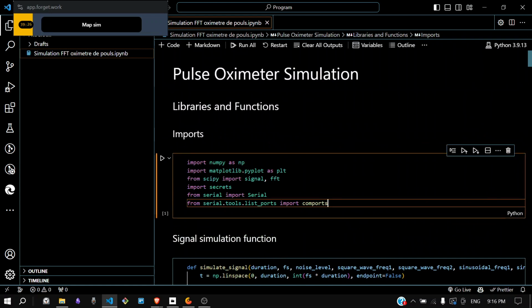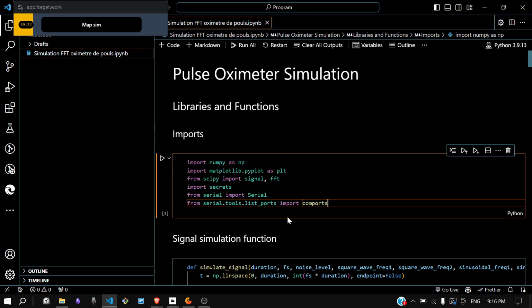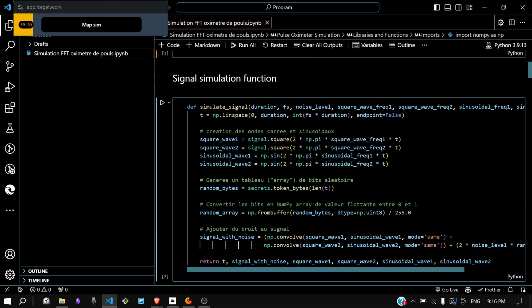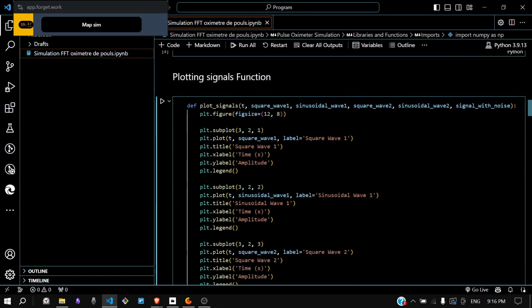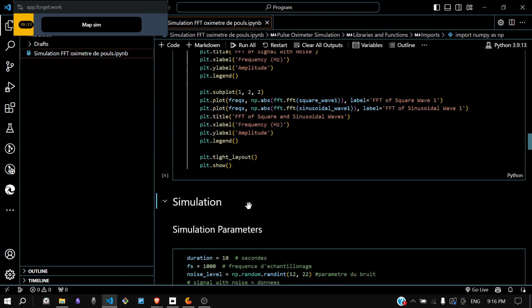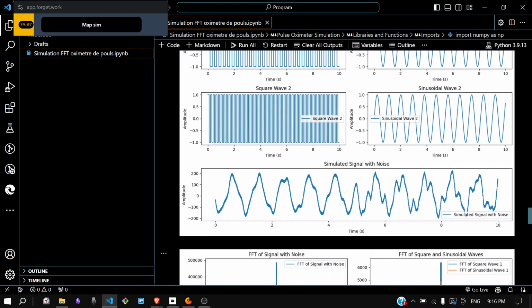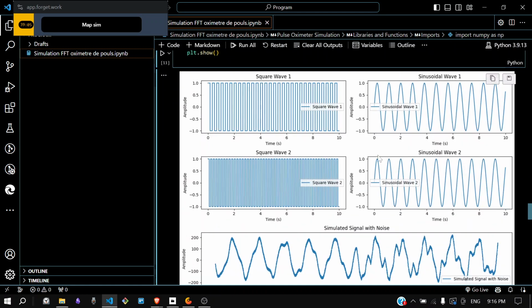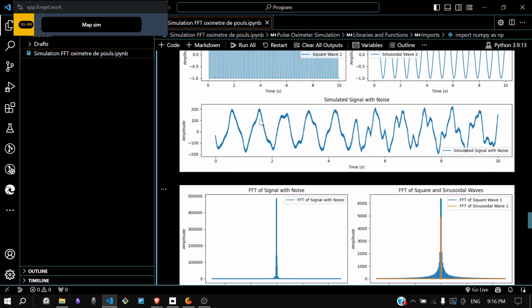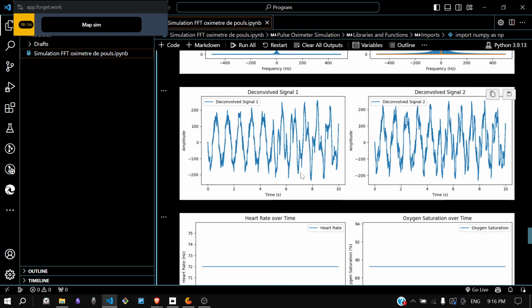So, in a last minute effort, I tried to pull out a simulation to show that if we were to get the right signal in, we could actually, as you can see here, show the right outcomes.